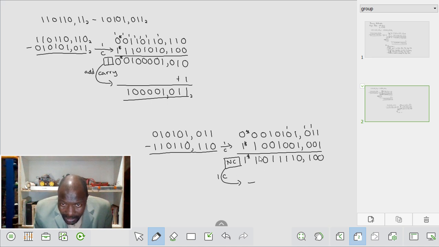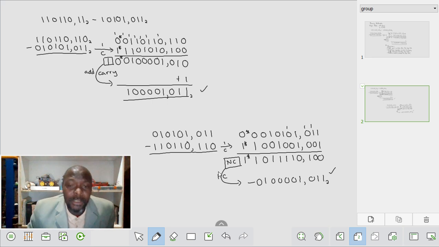So the sign bit stays negative, but the rest becomes 0 1 1, and so on. It's 1's complement. So this is our answer. Now, if you look at this, 1 with 4 zeros, a 1, 0, 1, 1, this is the same as that, except that is what is negative, and therefore it shows that our method is working.